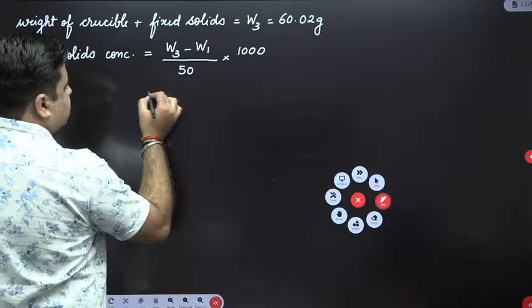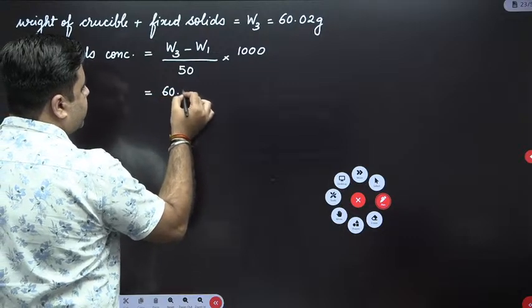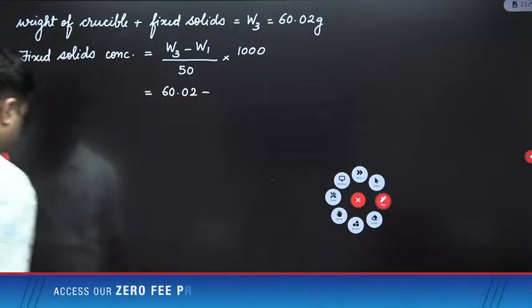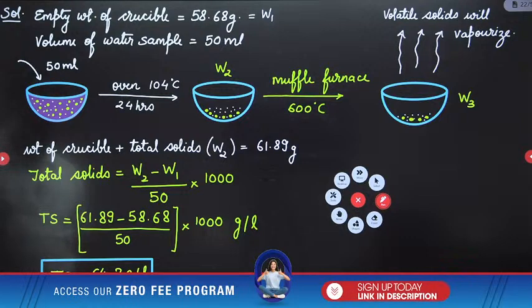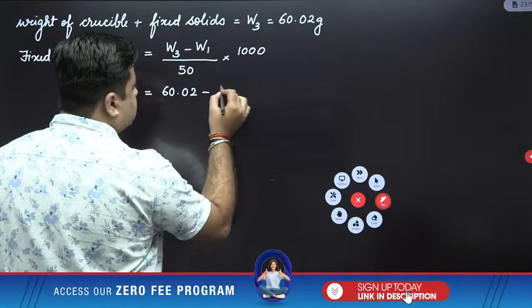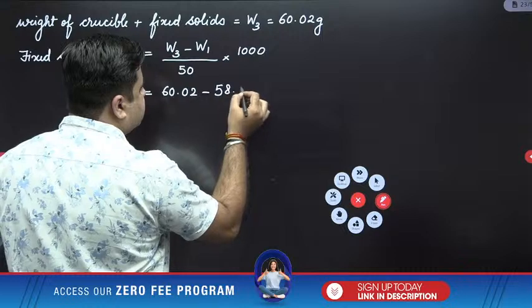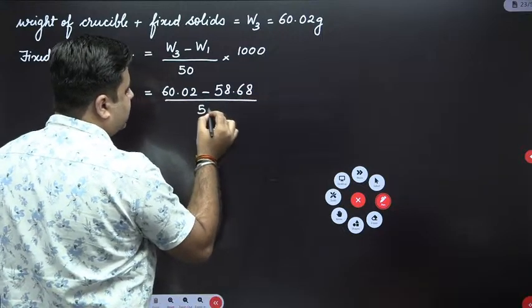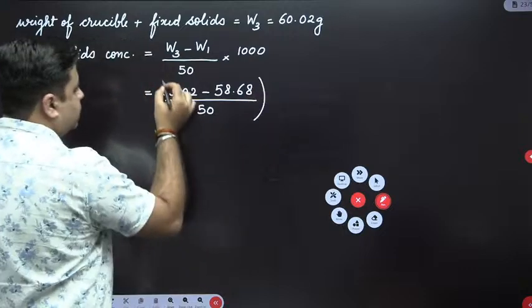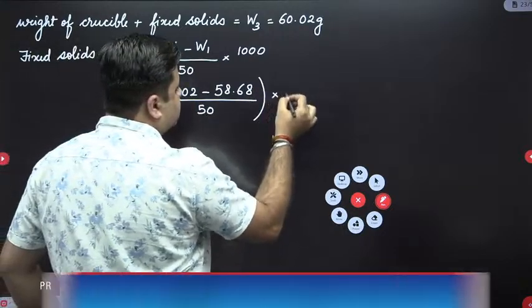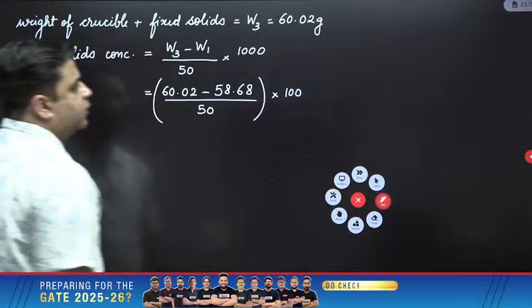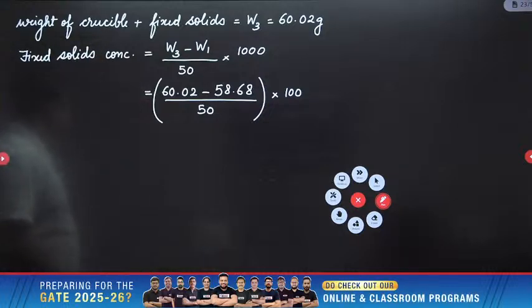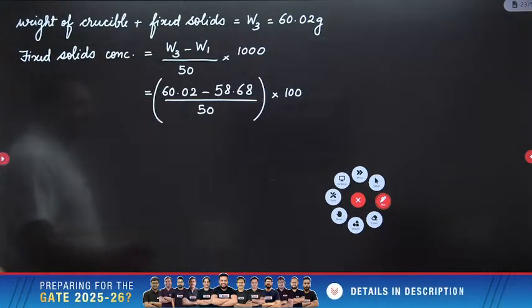So this is 60.02 minus W1. W1 is given to you as 58.68, divided by 50, multiply by 1000. Can you quickly give me this answer, the fixed solid concentration? This will also come out in gram per liter. Please calculate this and tell me the answer.